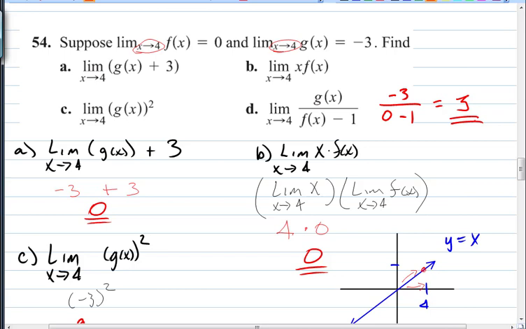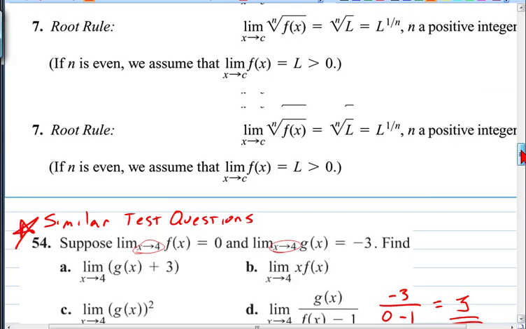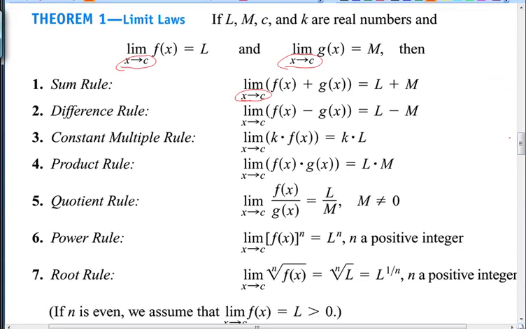Do we have to memorize that chart? That chart will become intuitive as you look at it. It really does make sense. Hang on, I'm going to put a star. Okay. If you add functions together, then you can add the limits together.